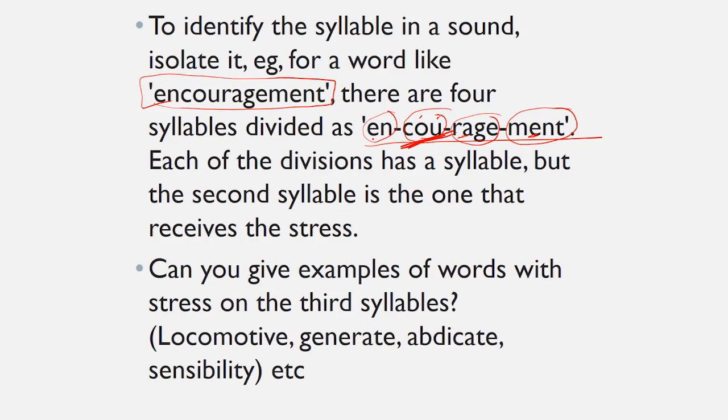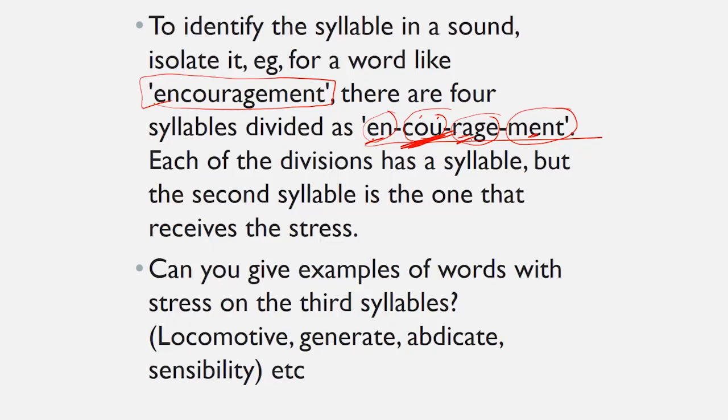In-ko. For these 2 now, you say O. Encouragement. So you can see, encourage. This one here is never pronounced. Ragement. So these are the various syllables that are in this word.